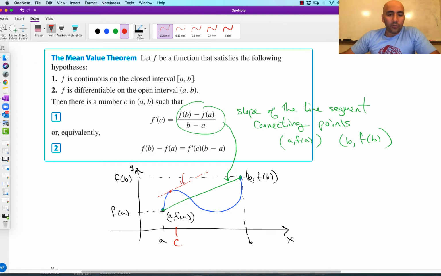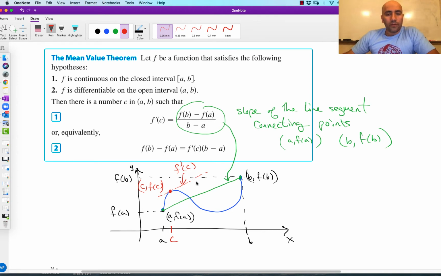So the slope of the red one, well, at this point, maybe I need to squeeze this over here a little bit more. So this guy comes right there, so that's c. So that point right there is the point c, comma, f of c, and the slope of that tangent line is equal to f prime of c.